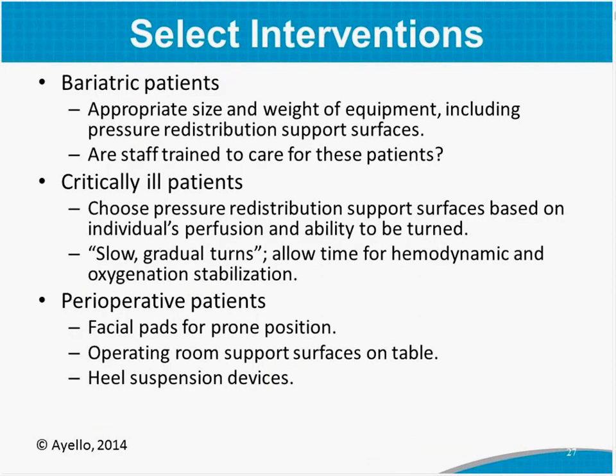I want to talk about some patient areas that you need to think about in terms of bariatric patients. Make sure that the equipment that is available for staff to use for pressure ulcer prevention is the right size based on the patient's BMI and can support the weight of the patient.